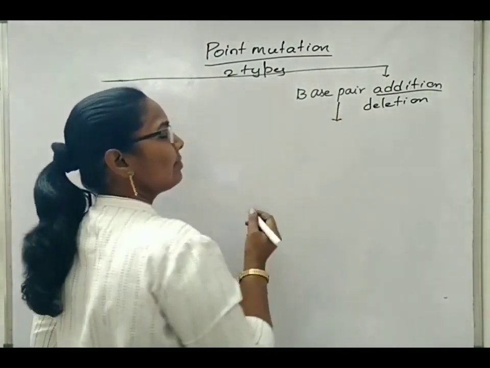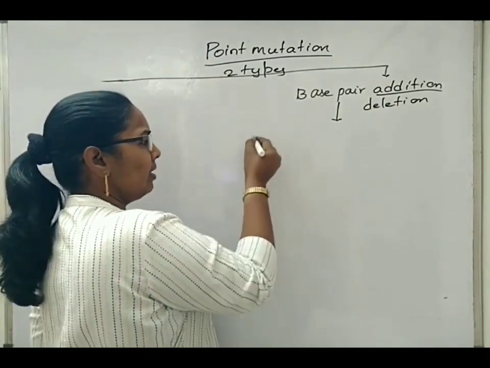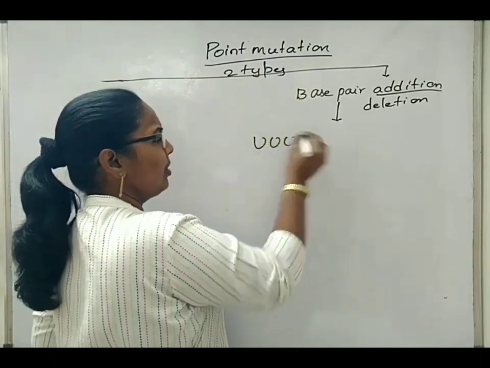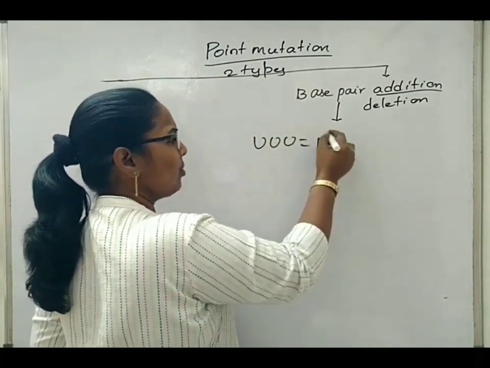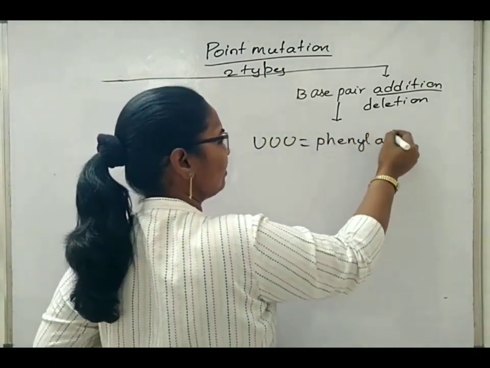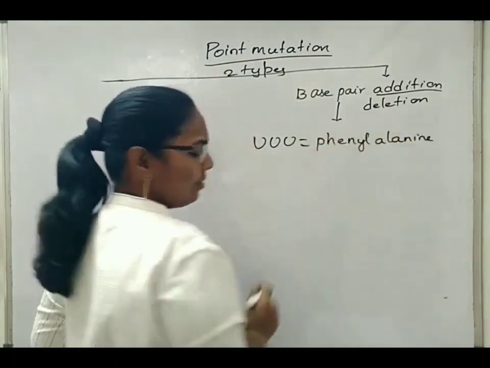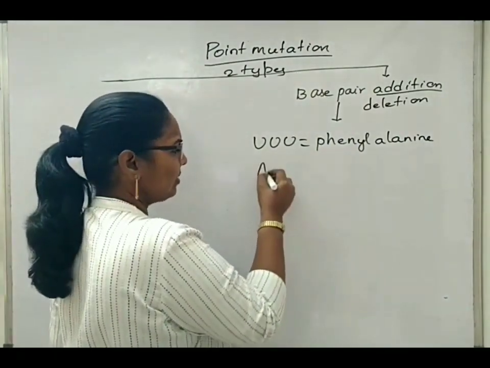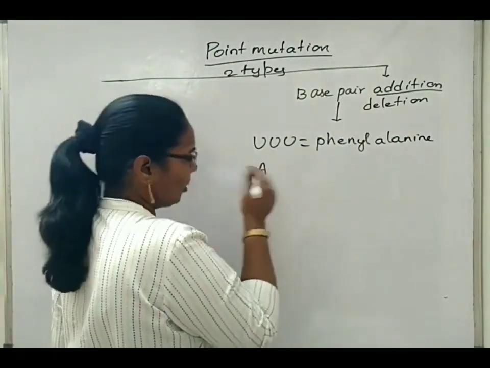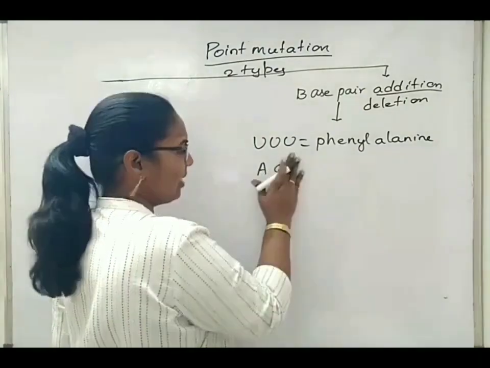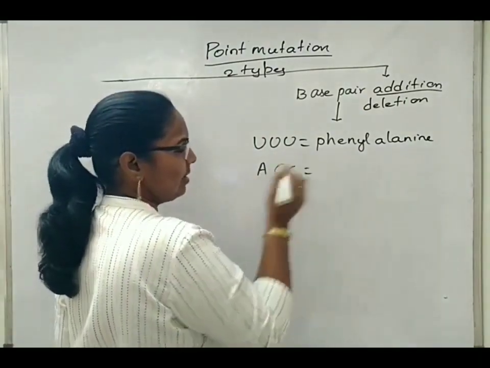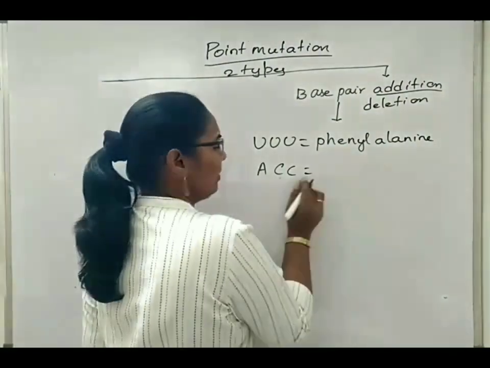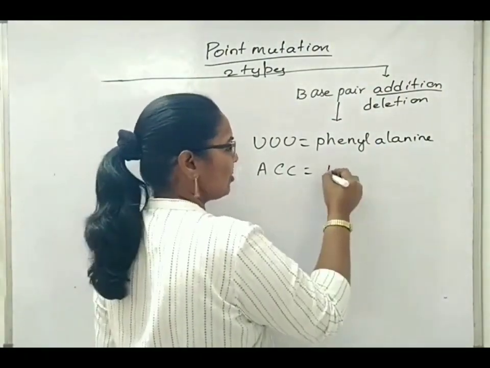Here, suppose we take one codon like UUU, uracil, which is coding for the amino acid phenylalanine. Next, take another codon sequence, that is ACC, which we are saying codes for the amino acid arginine.